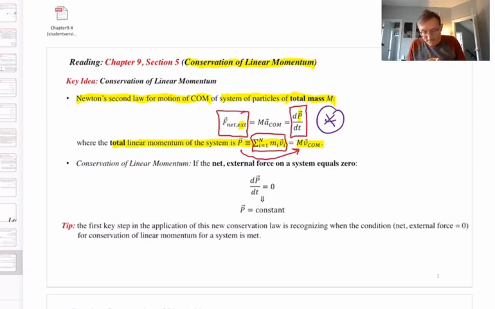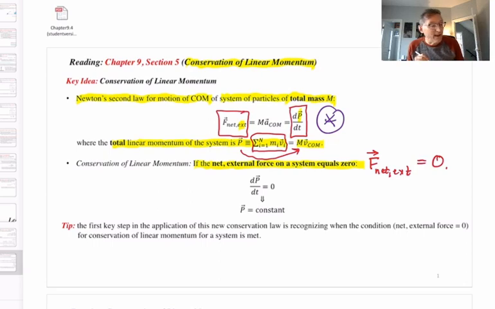Okay, now here comes an application of that key idea. What if we have a situation where the net external force on the system equals 0? I am saying specifically F net external vector, net. Add up all the external forces, and when you do that, you get 0.